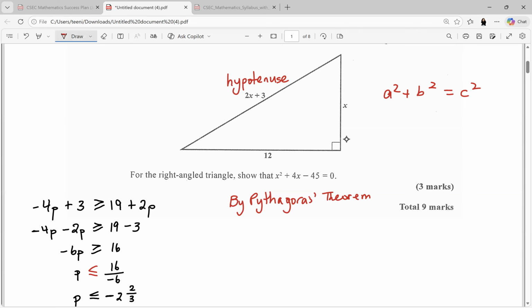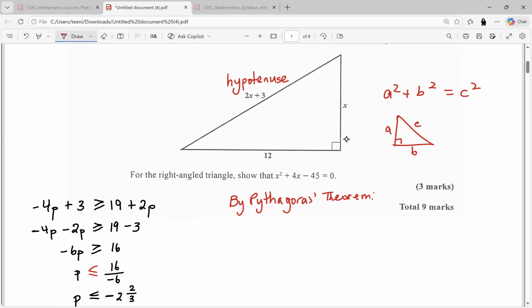Now, thankfully, that's given to you in your list of formulae, so you don't even have to know it by heart. It would be nice if you do, but you don't have to. By Pythagoras' theorem, the square of the hypotenuse is equal to the sum of the squares of the other two sides. So in a triangle where C is the hypotenuse and A and B are the other two sides, C squared is equal to the sum of the squares of the other two sides.